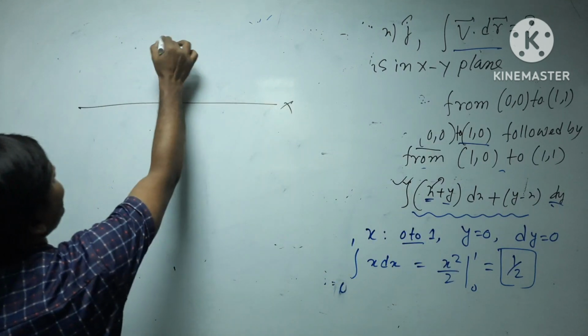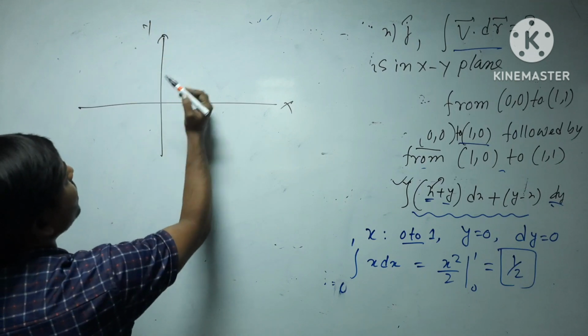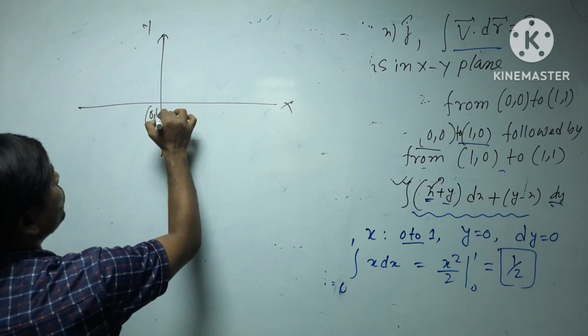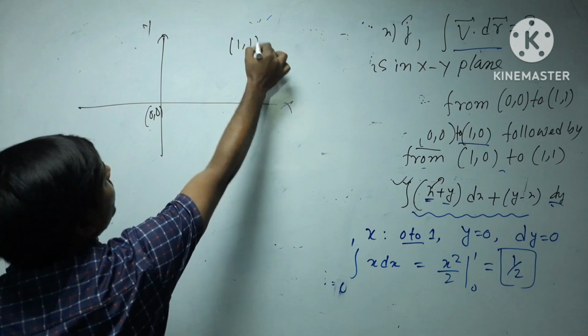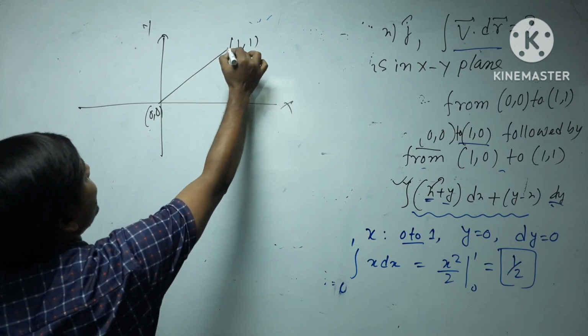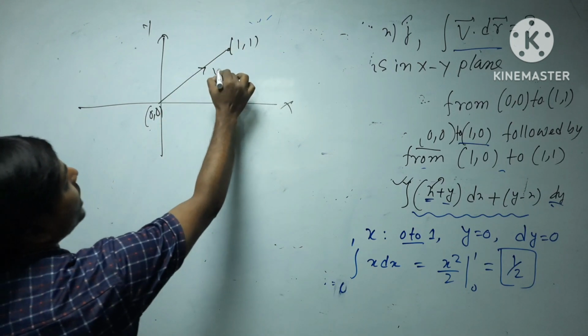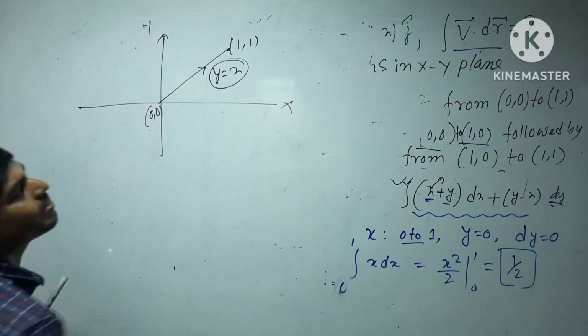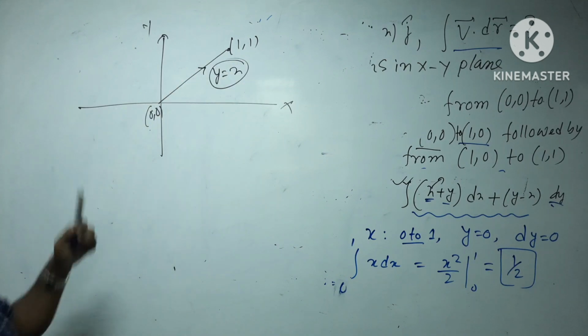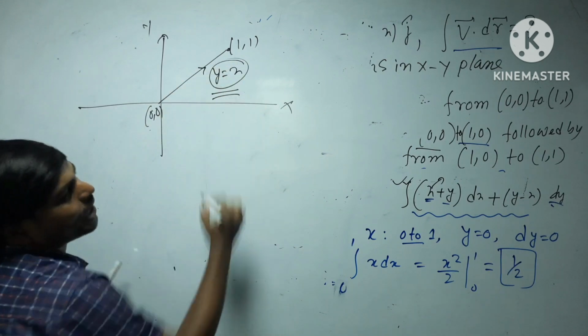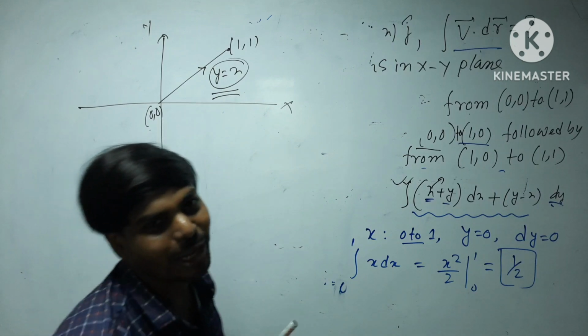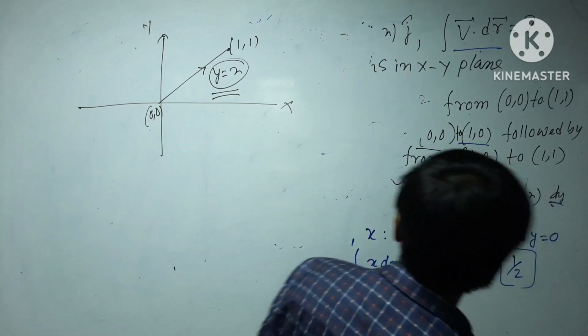So let's say this is x, this is y, this is from 0 0 to 1 1. So if I ask you to find the integration along this path y is equal to x from 0 0 to 1 1, do that integration by yourself and let me know in the chat box.